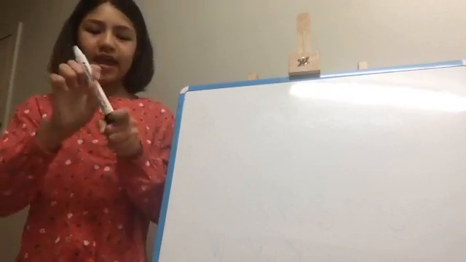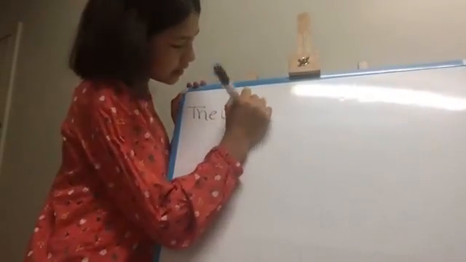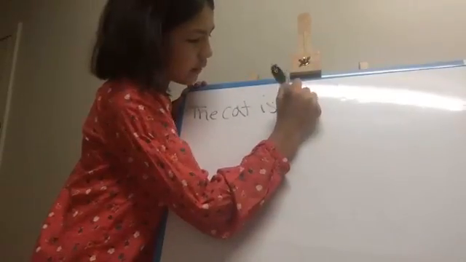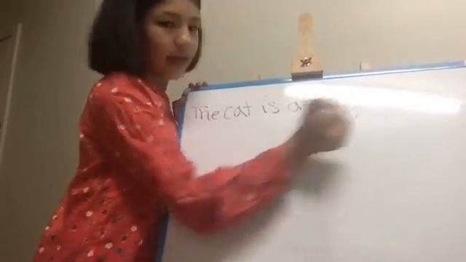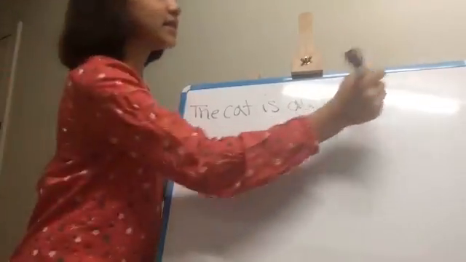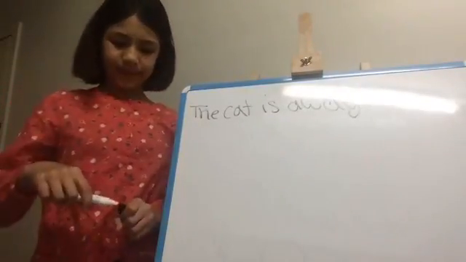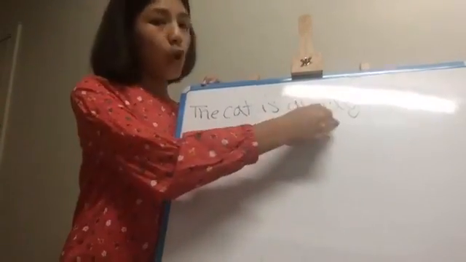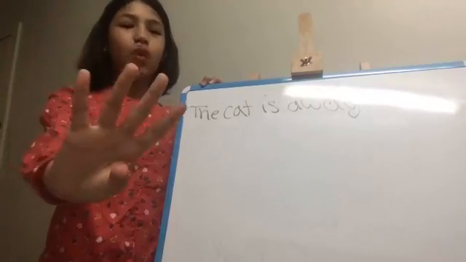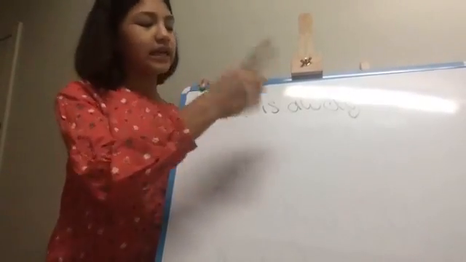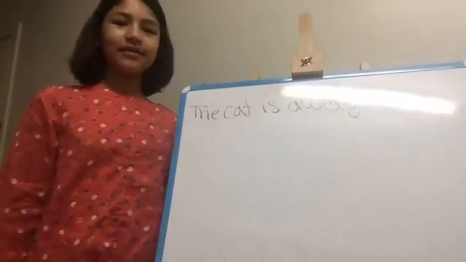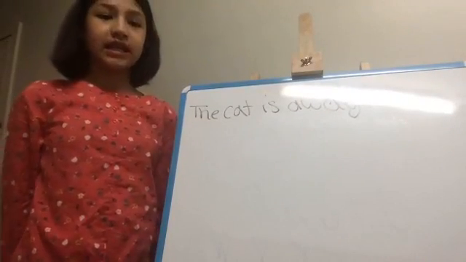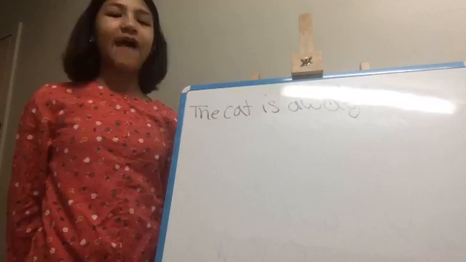So let's try a sentence. The cat is away. As you can see, there are 1, 2, 3, 4 different words. The cat is away. Yes, and we can see there are a lot of consonants and vowels.